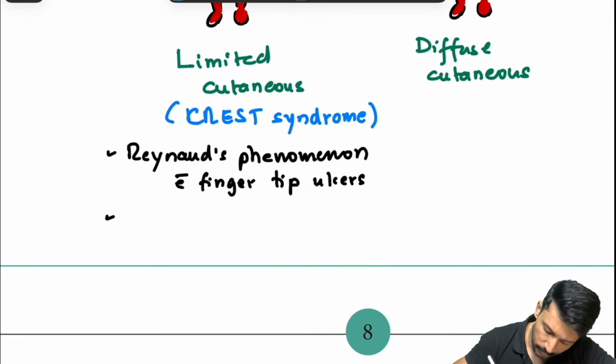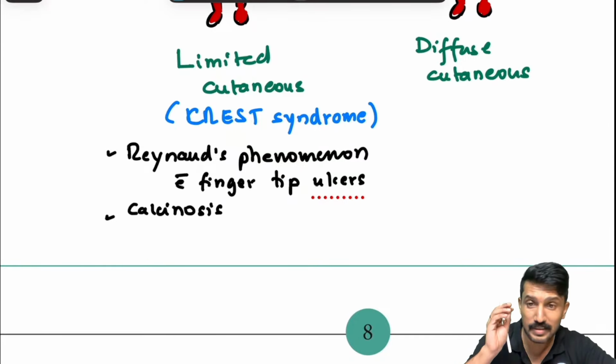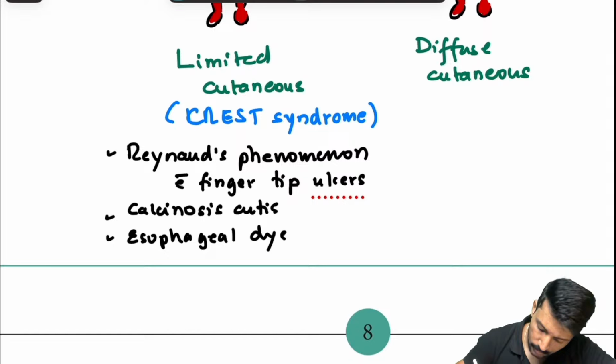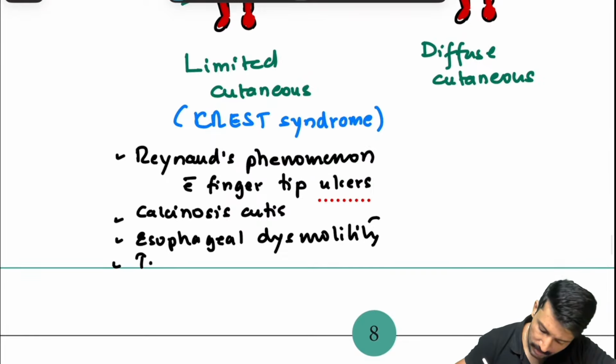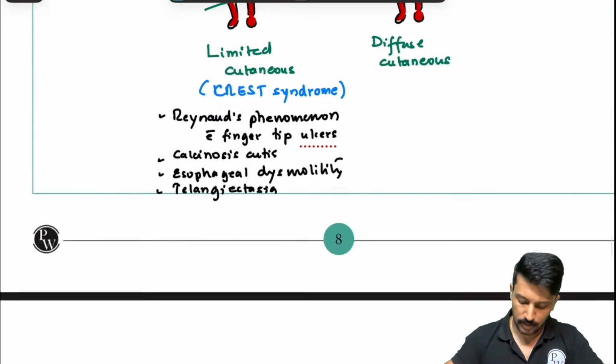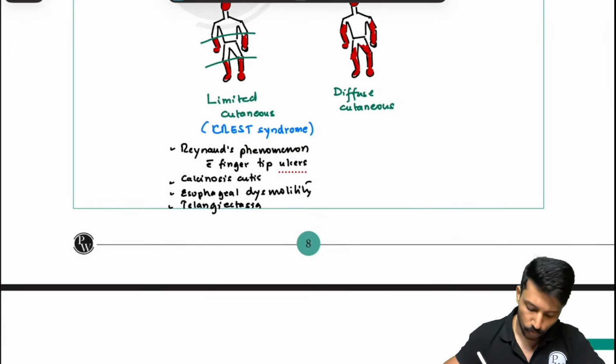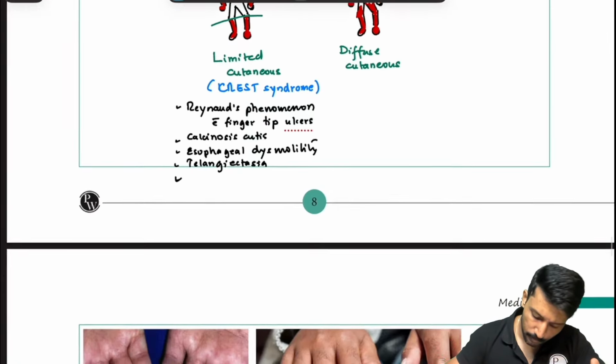They will also have calcinosis cutis, the calcification of the skin, especially fingertips. Then they will have esophageal dysmotility. They will have telangiectasia, vascular abnormalities. Apart from that, both of these patients can have microstomia, difficulty to open the mouth.